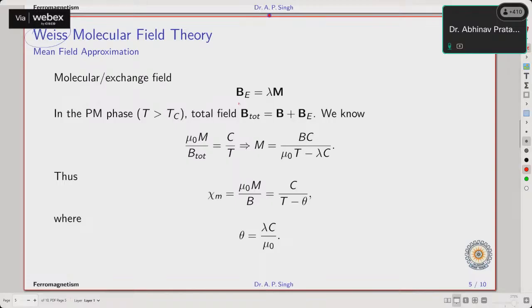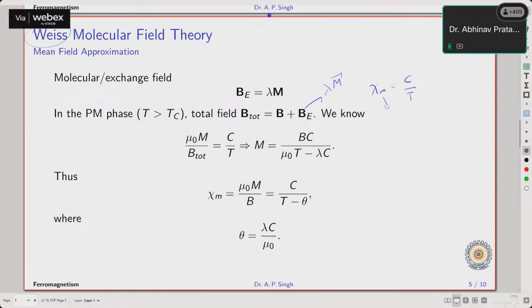So in that case, the total magnetic field will be given by whatever field you have applied plus whatever the internal field is. Okay, now what you can do is put this internal field equal to lambda times the magnetization. And if you apply the Curie-Weiss law, what it says is that chi m varies as some constant over temperature.